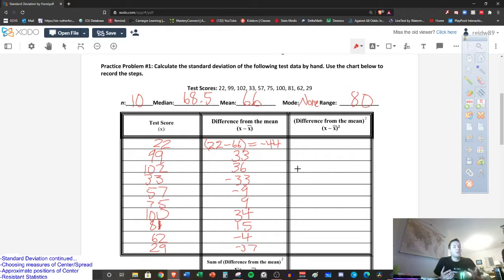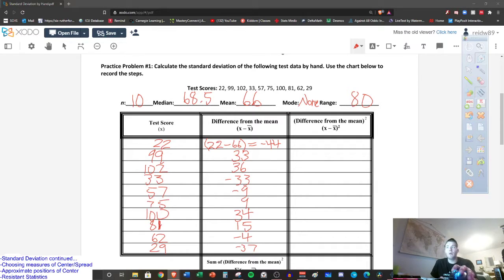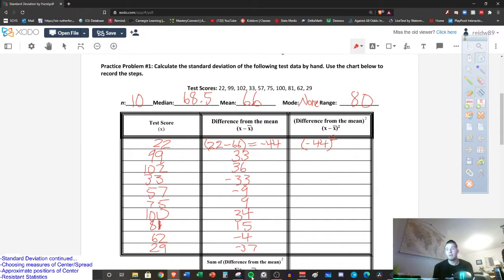And in the formula, in the song that I had written, that's why we have to square all these values. The square eliminates the negatives. So we're going to fill this in. I need negative 44 squared. You need to make sure you use parentheses around this when you're doing that.